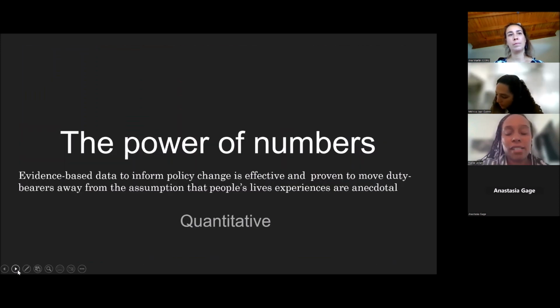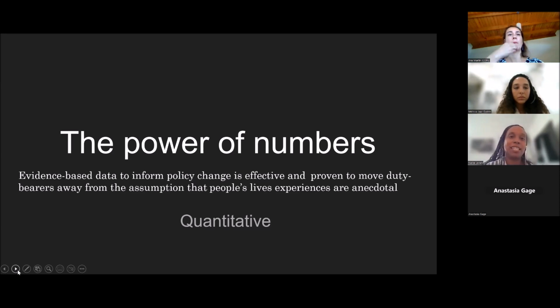So I'll start first by looking at quantitative, the importance of numbers, which is an interesting concept because people are valid, their human existence is valid, and the feedback that they give us on the effectiveness or lack thereof of programs, but also policy, practice, and norms, should be enough.